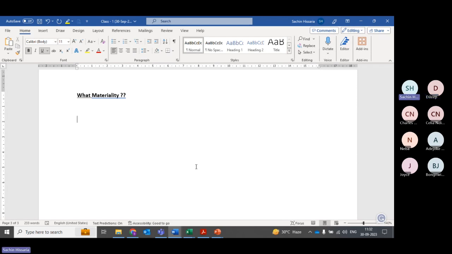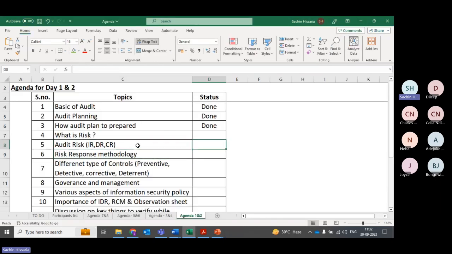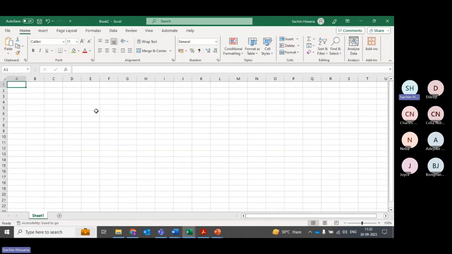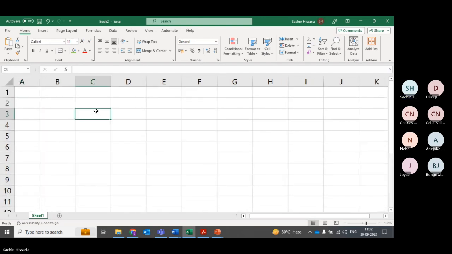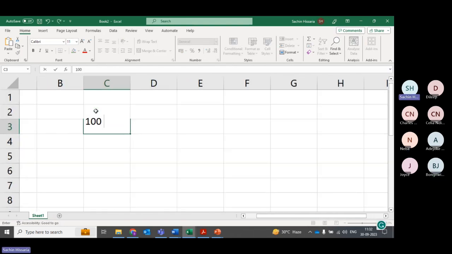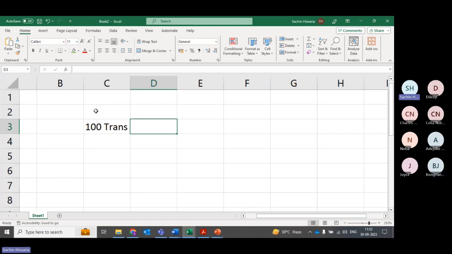Now I will explain this with an example again. We'll discuss both kinds of materiality, in terms of value as well as in terms of non-value. Basically, suppose there are a total of 100 transactions. The total value of these 100 transactions is $10,000.